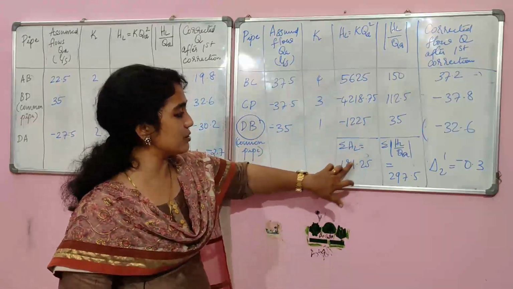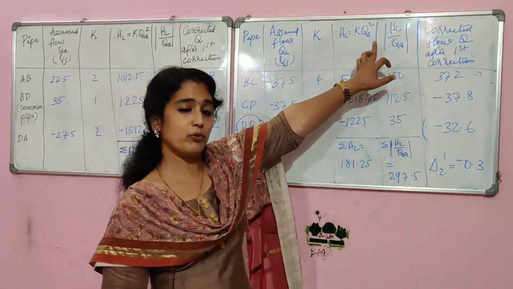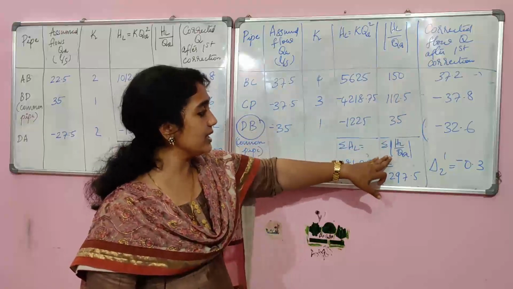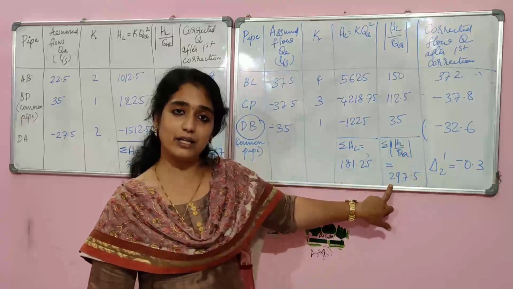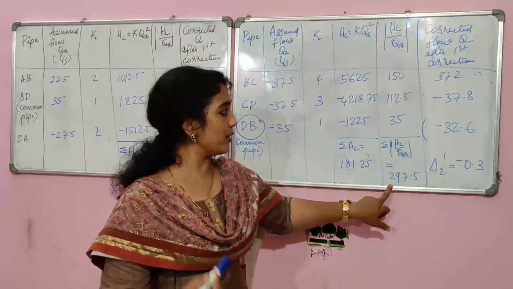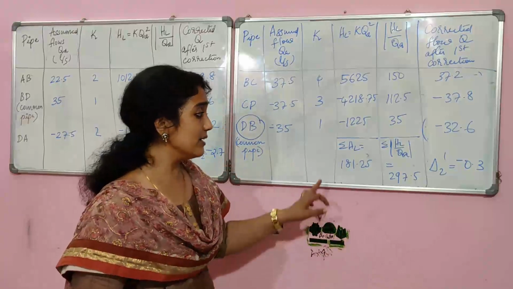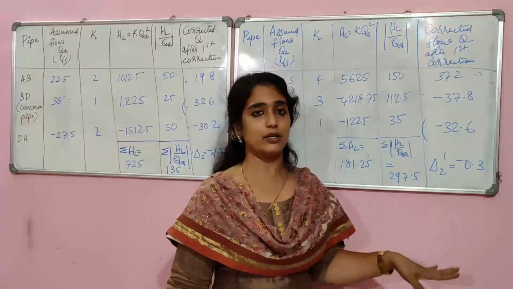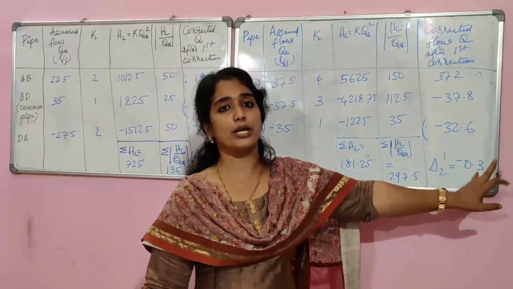Then sigma HL is also calculated. Then mod of HL by QA is calculated using the equation. Then sigma mod of HL by QA is calculated and the value is 297.5. Putting these values in the correction equation delta, we get the second correction for the second loop, that is delta 2 dash as minus 0.3.